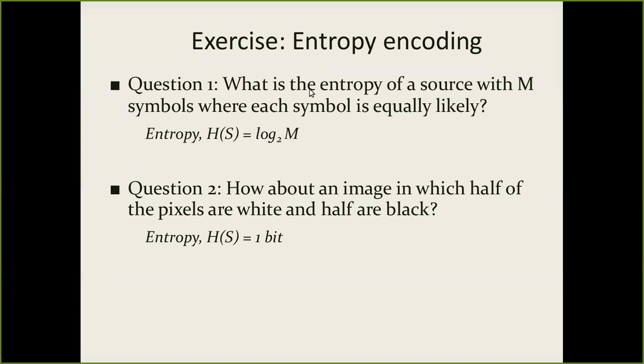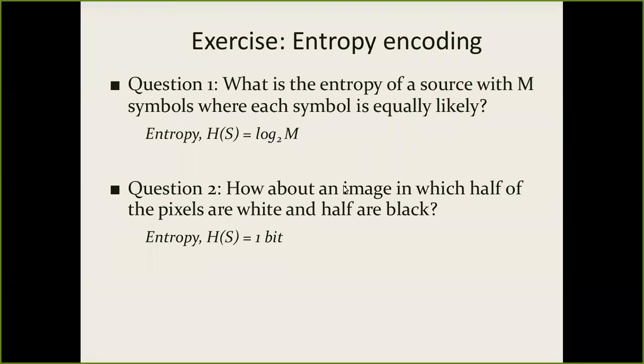So if a given image has m pixels, and every pixel is equally likely to happen in that image, the probability of every pixel is 1 over m. The logarithm of 1 over m to the base 2 is, since 1 over 1 over m is m, so finally you will get the logarithm of m to the base 2.